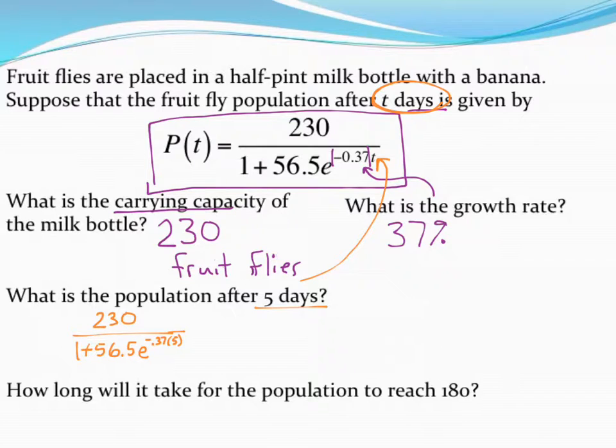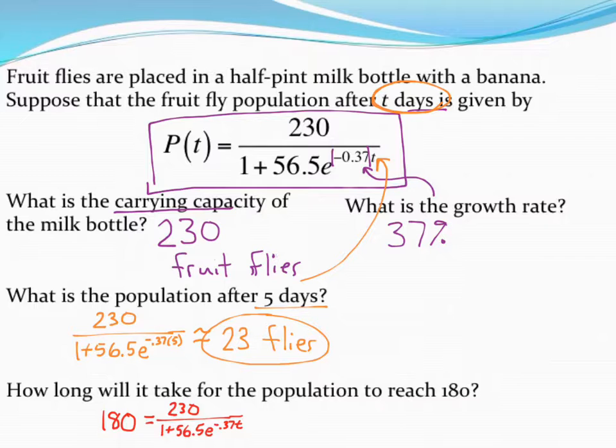It's important to make sure that those units are consistent. So I've gone ahead and written out my equation with 5 plugged in. Using my calculator to very carefully get that typed in and evaluated, I come up with approximately 23 flies after 5 days. Now in this case, since our population represents a specific number, it would make sense to round to the nearest whole number. In this case, we can't have a fraction of a fly.